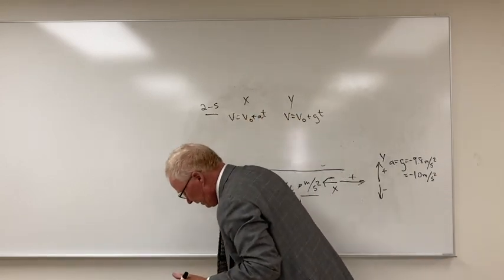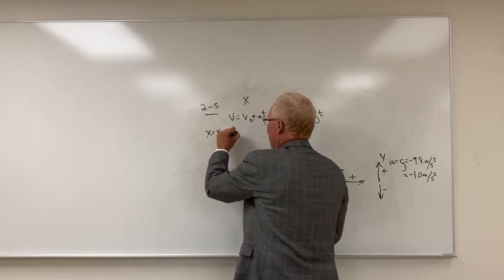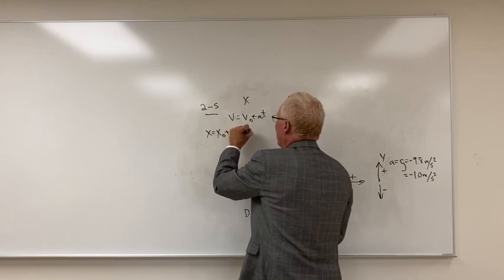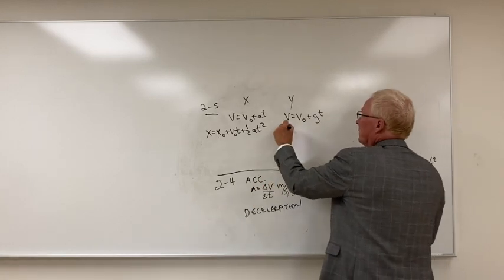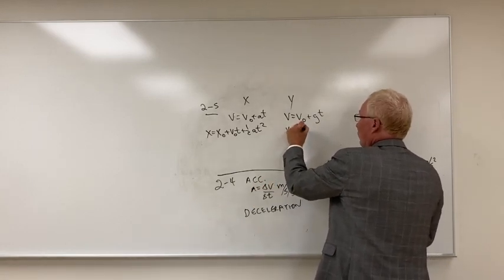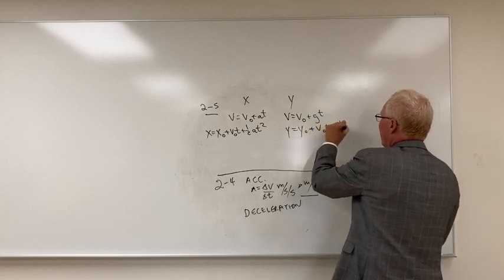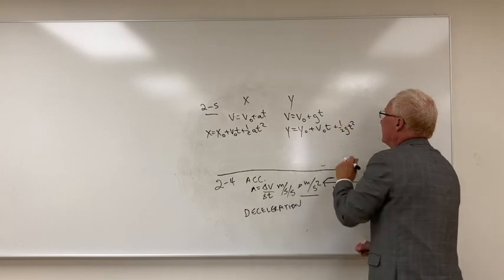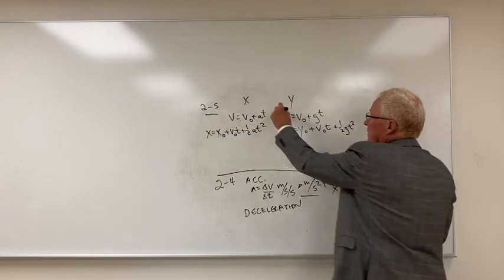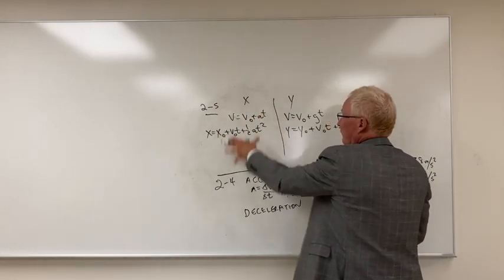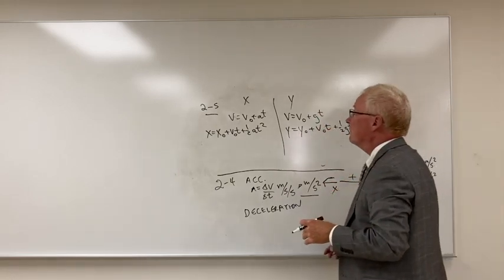All right, then x is x naught plus v naught t plus 1/2 at squared. On the y direction, y is y naught plus v naught t plus 1/2 gt squared. All right, keep in mind, these are not the same. This is doing one problem this way, if we have a case where we're moving horizontally, and in this case we're just moving vertically.